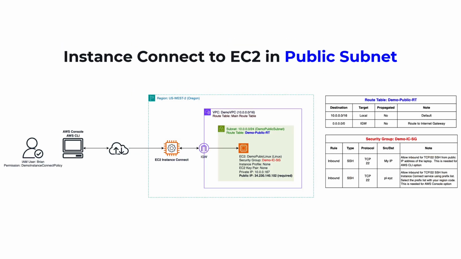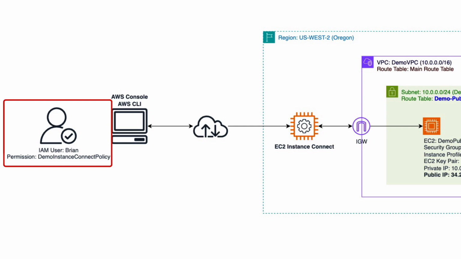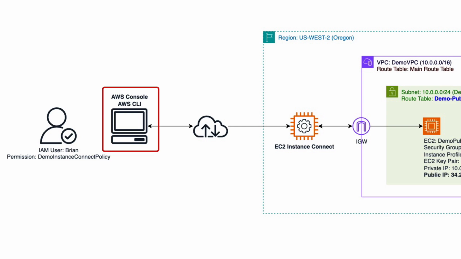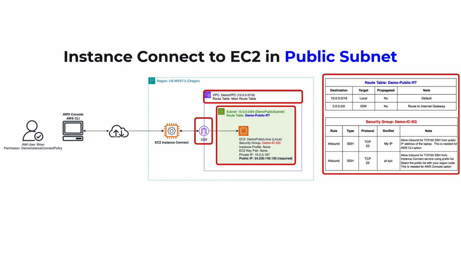Let's start with the first use case, which is to connect to a Linux EC2 inside a public subnet from the internet. For this use case, we will use an IAM user named Brian, who will connect first using the EC2 console, then connect again using the AWS CLI from his laptop. Before I launch my Linux EC2 instance, I need to configure several networking components. So let's go over to the AWS console to build a solution.